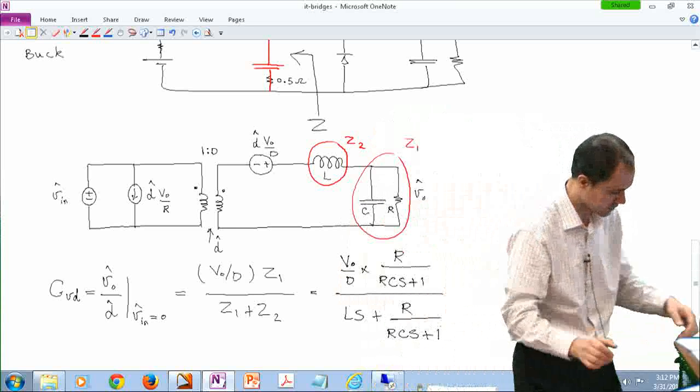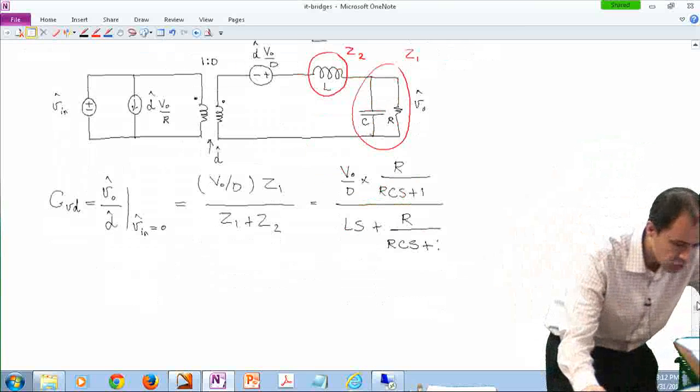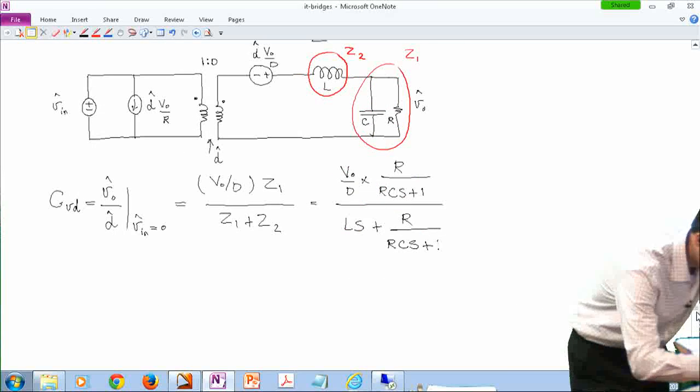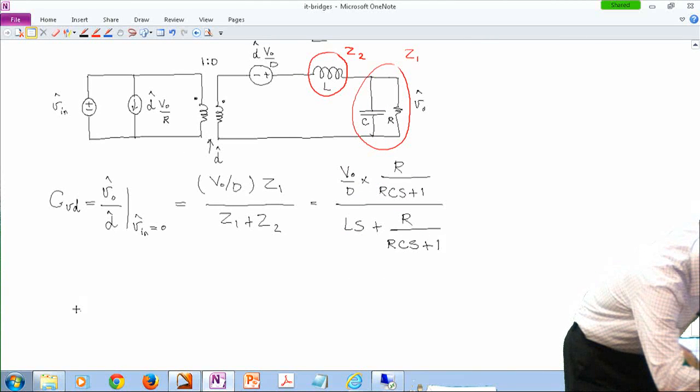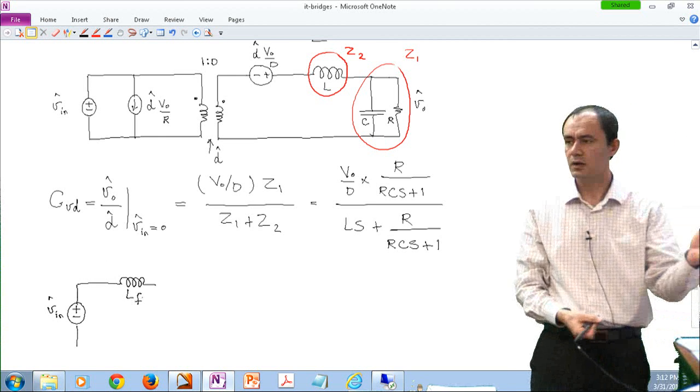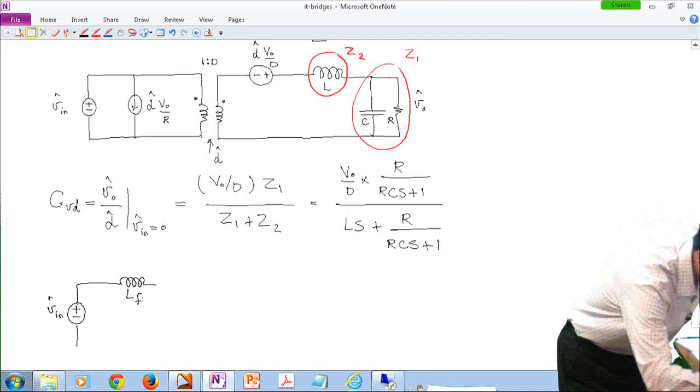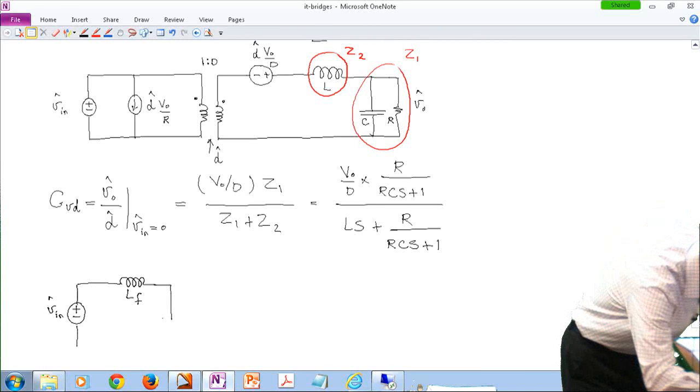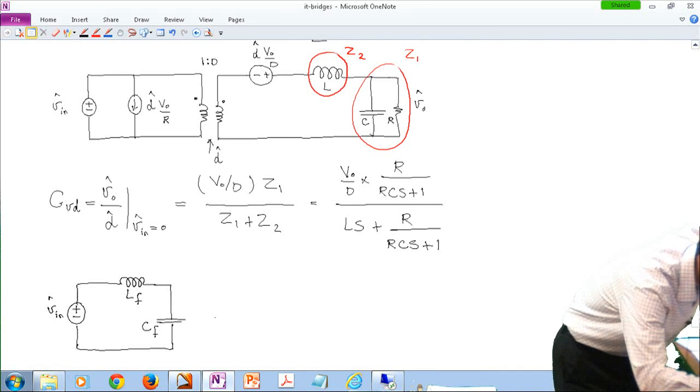Now I'm going to add the filter and look at this transfer function again. So we already have one inductor in the system. I labeled this to be L of F, the filter inductor, and then C of F. And the rest is the same.